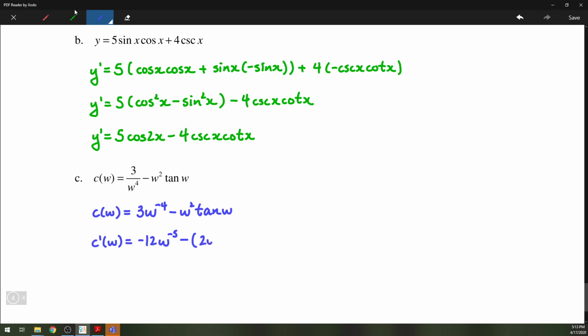So you have 2w tangent w plus w squared secant squared w. And of course, you can simplify by multiplying things out and writing this without negative exponents. So you have negative 12 over w to the 5th power minus 2w tangent w minus w squared secant squared w.